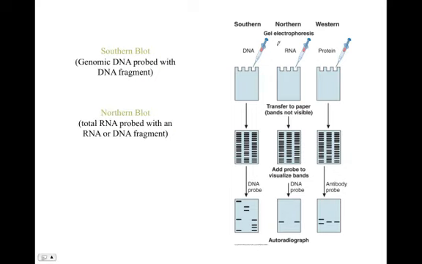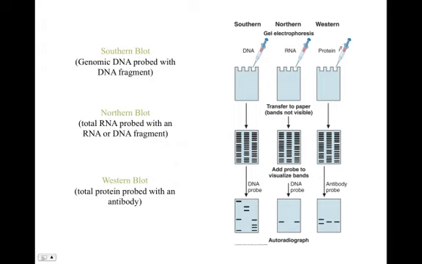Similarly, in the case of a northern blot, total RNA is run on a gel. It's transferred and is not visualized until you've stained to identify all of your total RNA. Once the probe is added, in this case a DNA probe, we can then identify only our bands of interest.